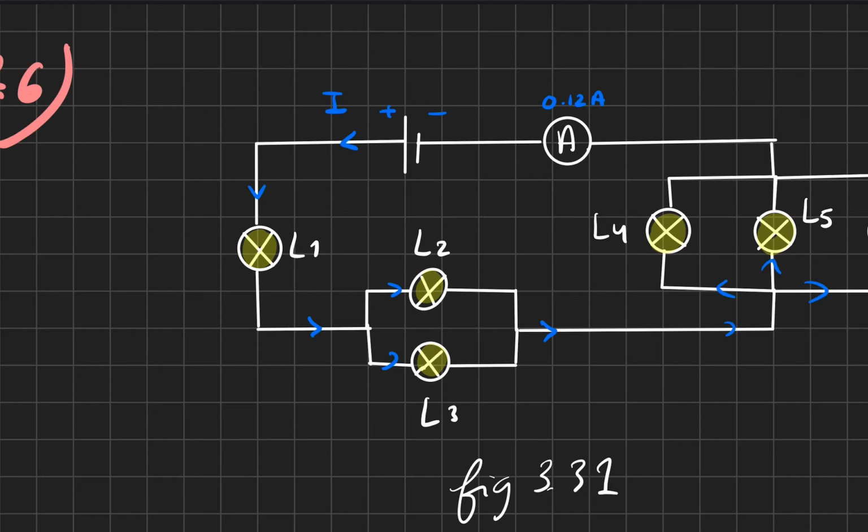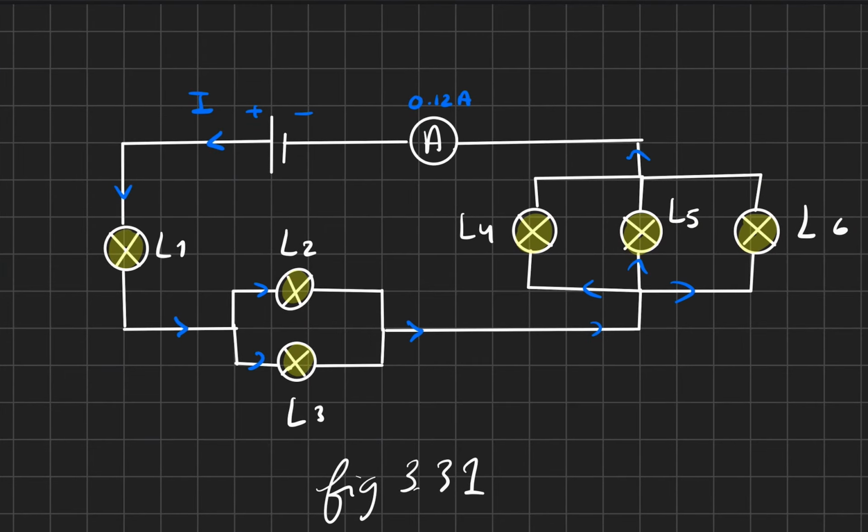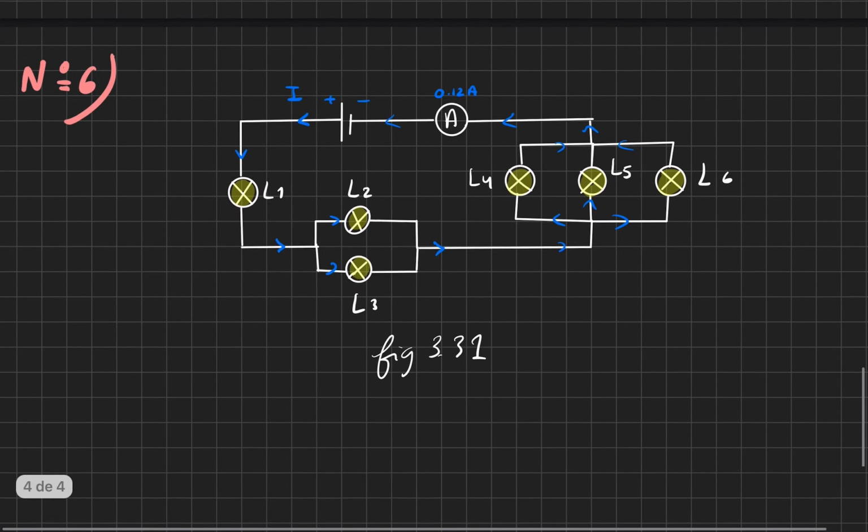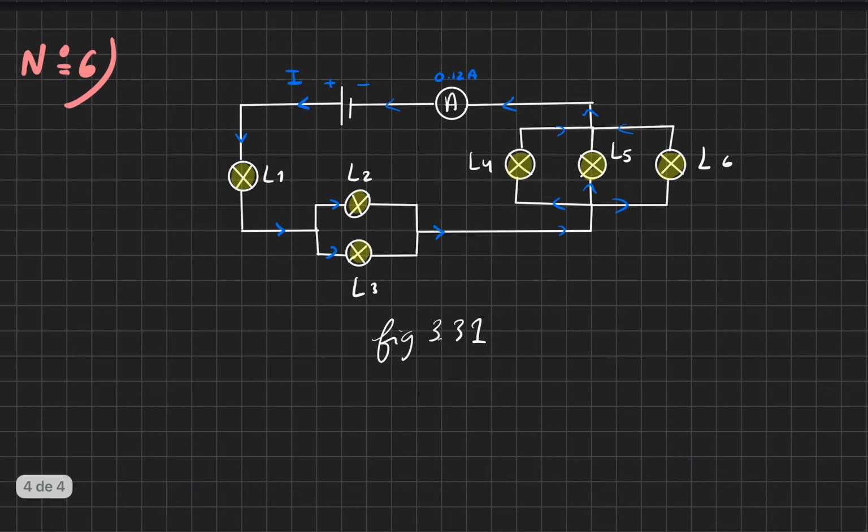Then it's going to recollect here. It's going to divide into 3, and then recollect at this point, and then continue through the ammeter into the battery again. Okay, that's the direction.